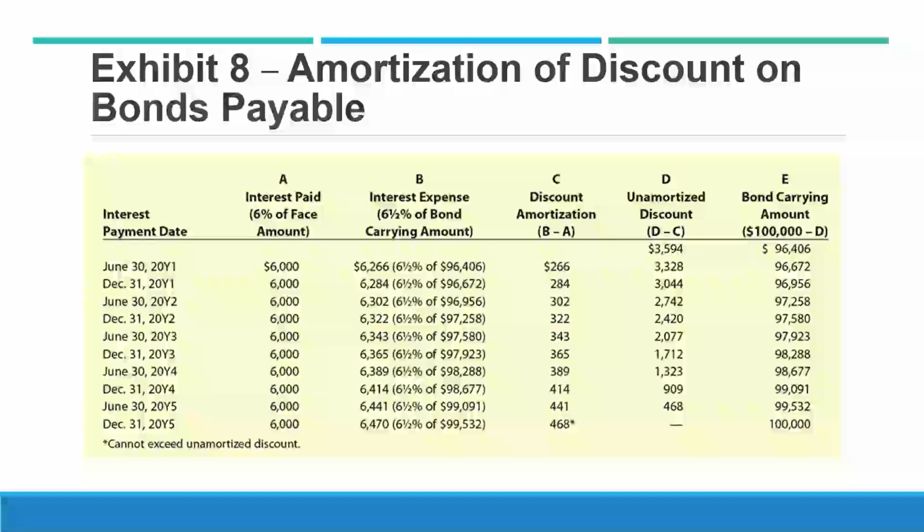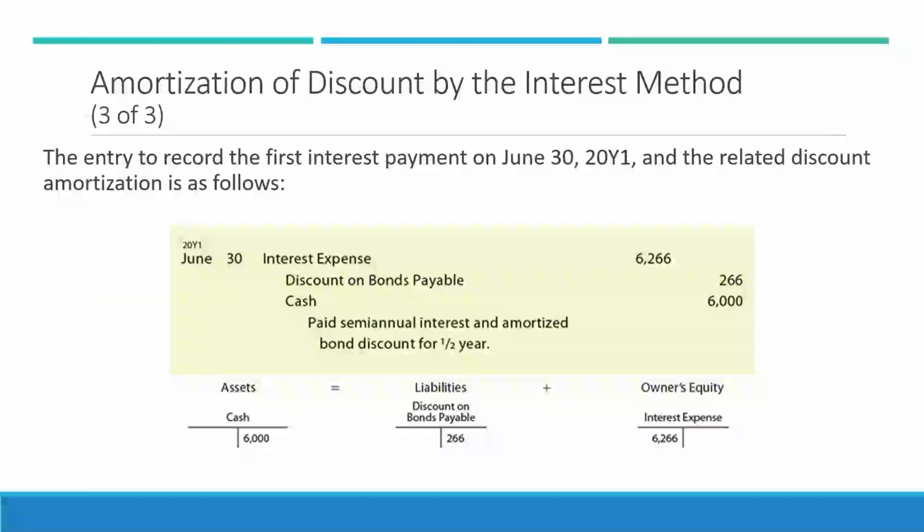And if we recall the journal entry to create a bond issued at a discount, we debit cash for the $96,000 and debit the discount of about $3,500, and then we credit the bond for $100,000. And then because when we created the discount, it was a debit, to reduce the discount, it's a credit.